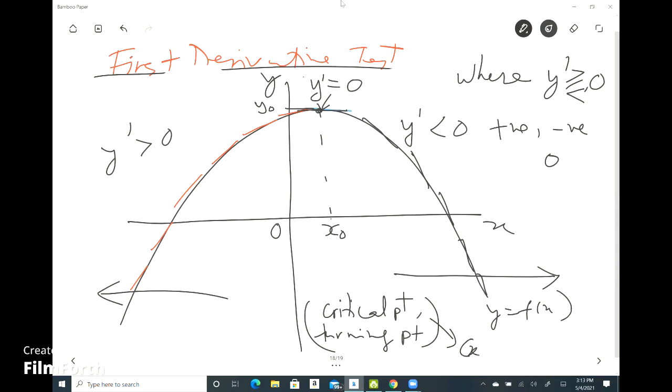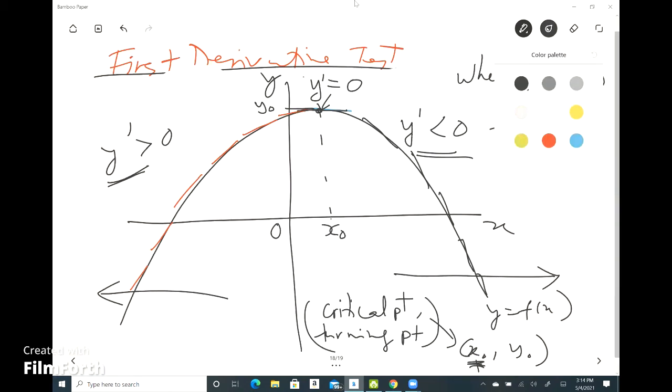But for this one, you just need to consider the x, don't worry about the y. So here, you can break the curve in terms of the derivative into intervals, based on y prime positive, y prime negative. And of course, the critical point will divide the intervals, where y prime equal to 0, and say that happened at x0. Okay, any question?